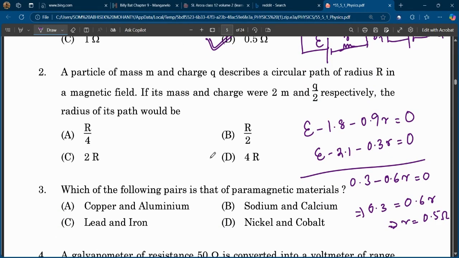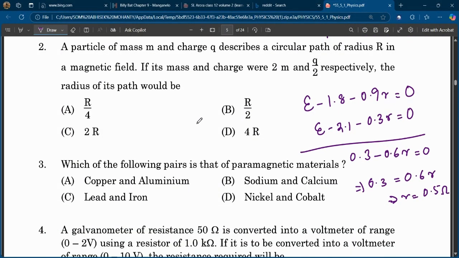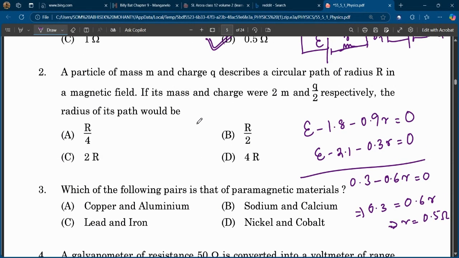Okay, next question. A particle of mass m and charge q describes a circular path of radius r in a magnetic field.